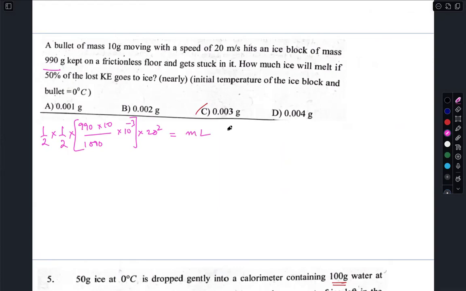Yes. That's all. So, in this, what happens? Right. 99 by 4 into 10 into 20 into 20 into 10 power minus 3 is mL. There?